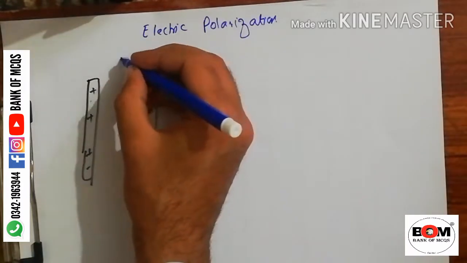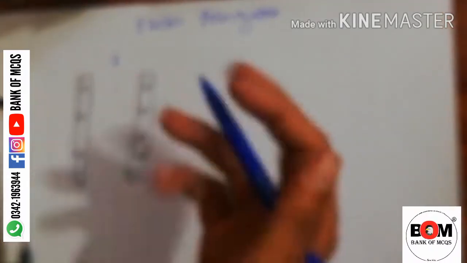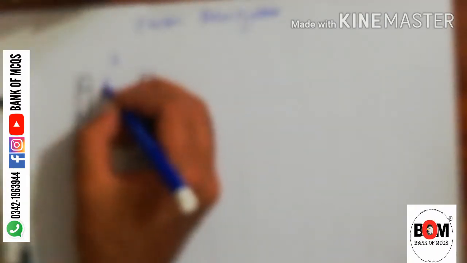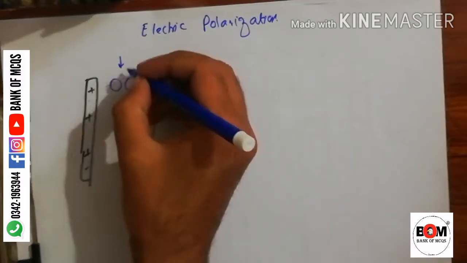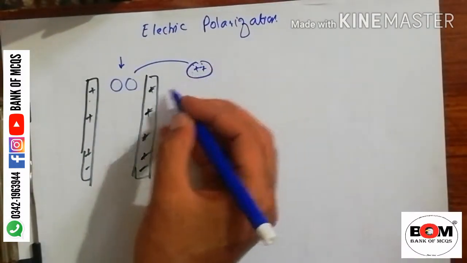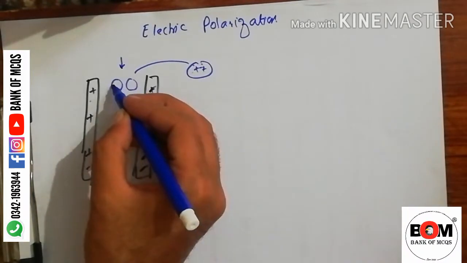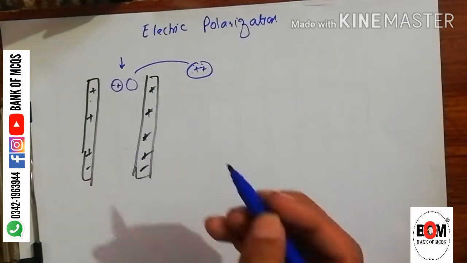So what will happen if we put a dielectric? Dielectrics are some substances. For example, this is some atom. If we put it inside the already charged plates, as an atom contains positive and negative charge, the negative electrons will be attracted by the positive plate and the positive side will be attracted by the negative plate.